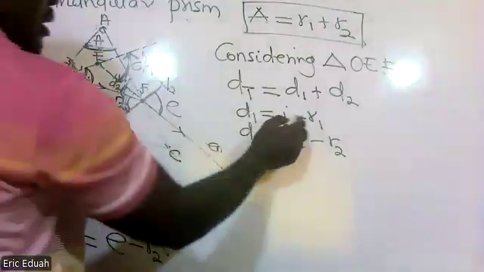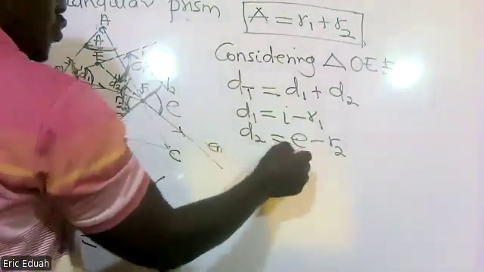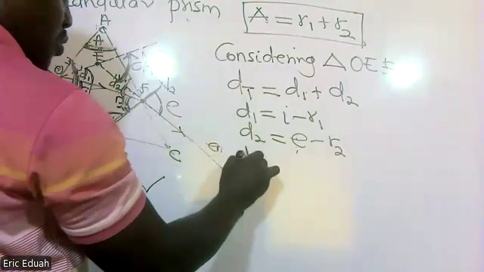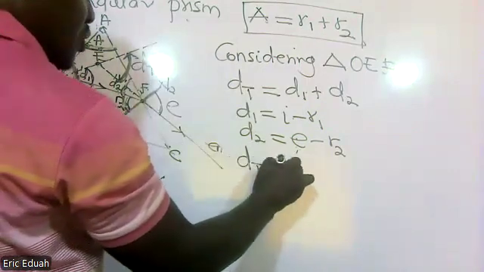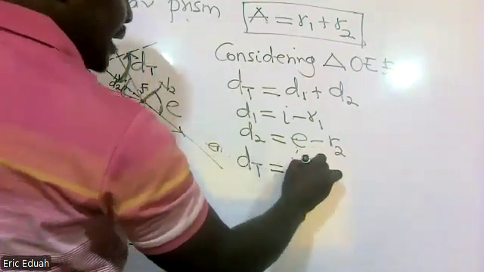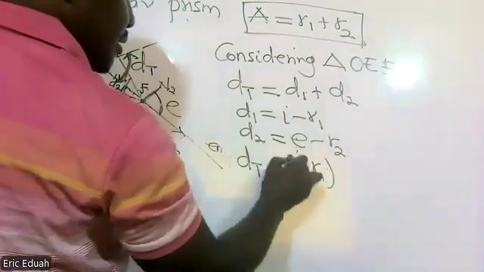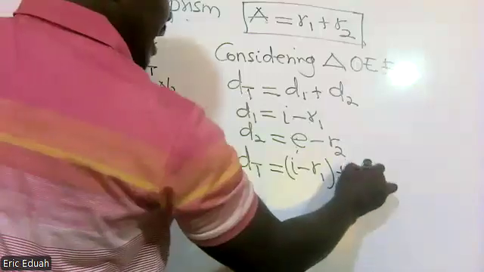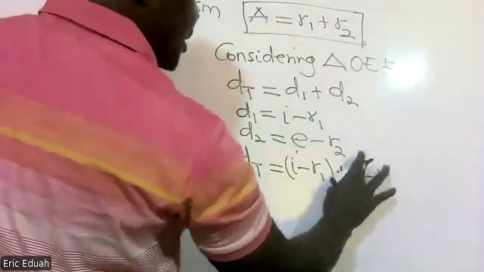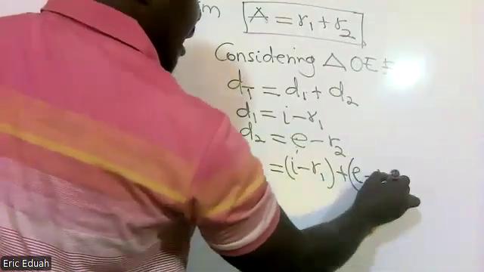Let's substitute these two relations into the equation. We have D total being equal to I minus R1 plus E minus R2.